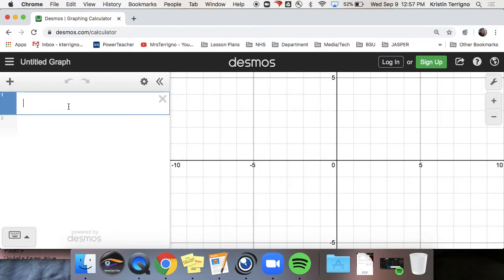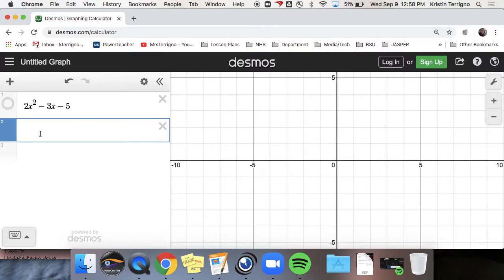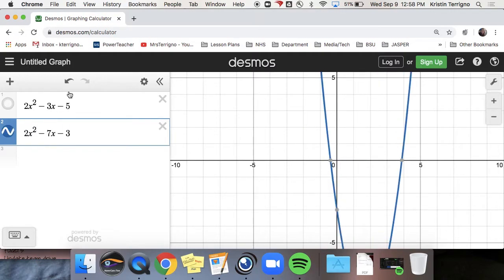So if I type in that first equation, 2x squared minus 3x minus 5, notice I have roots at negative 1 and 2.5, which are the exact places that I found in example 1. Okay, I'm going to turn that one off and type in the second one. So 2x squared minus 7x minus 3.